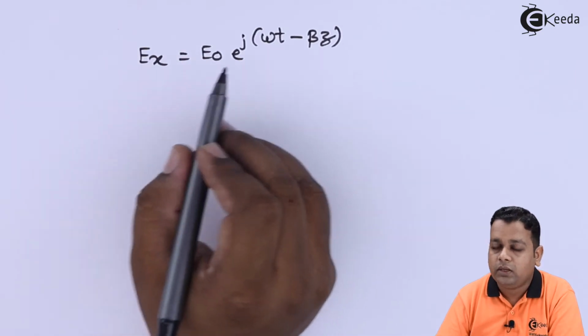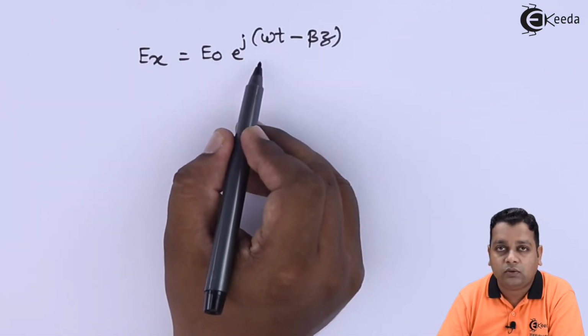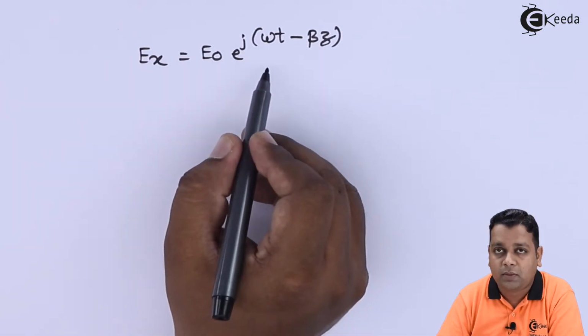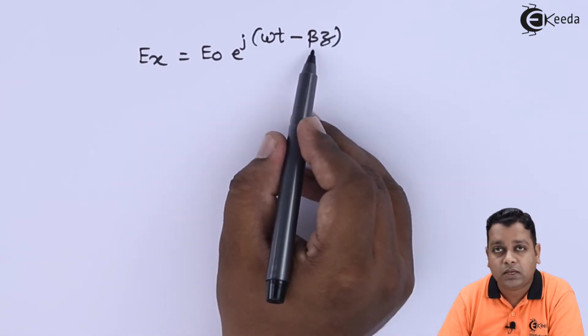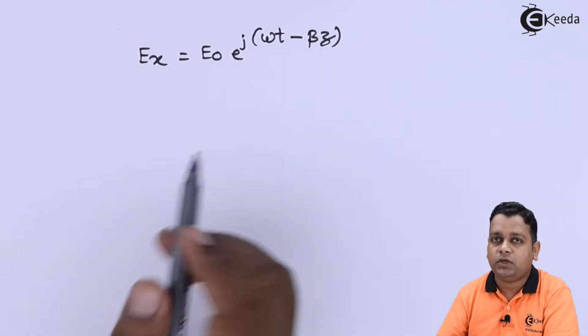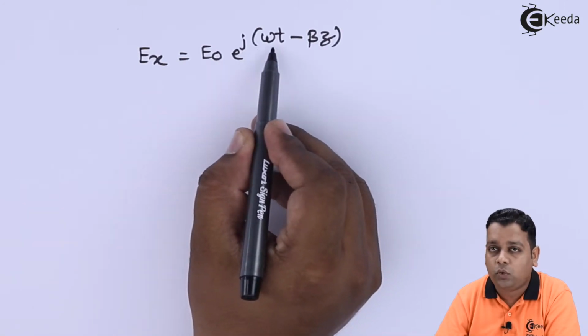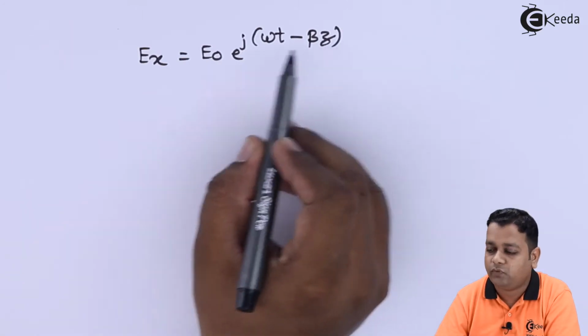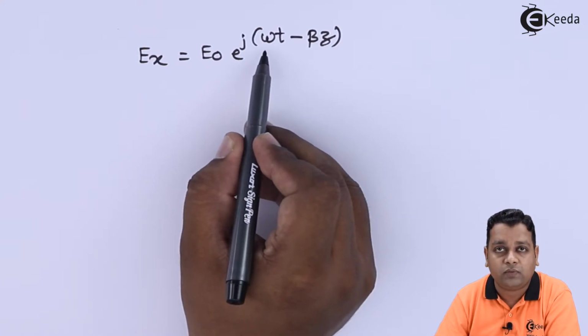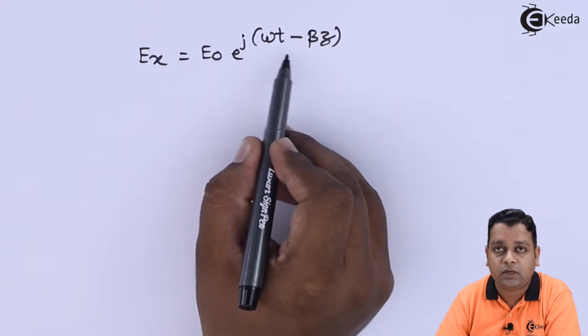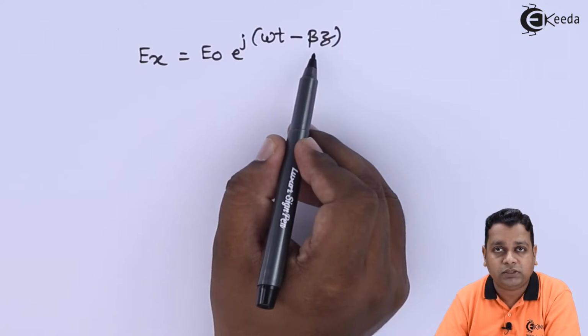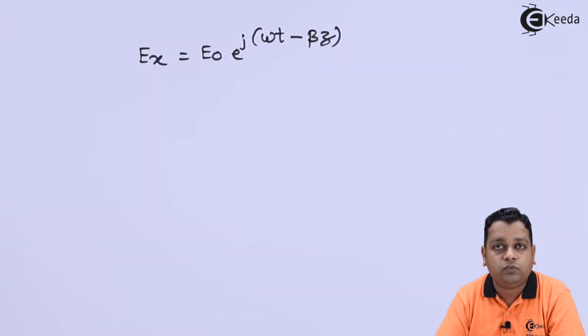Here omega is the angular frequency, t is the time parameter, and beta is the phase shift constant. The phase shift constant for any wave propagation should be non-zero, otherwise the wave will not proceed into the medium.